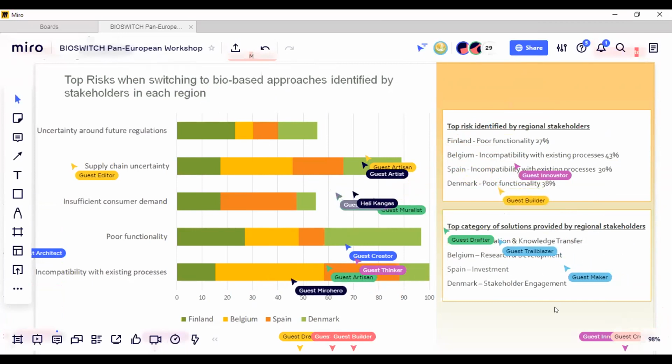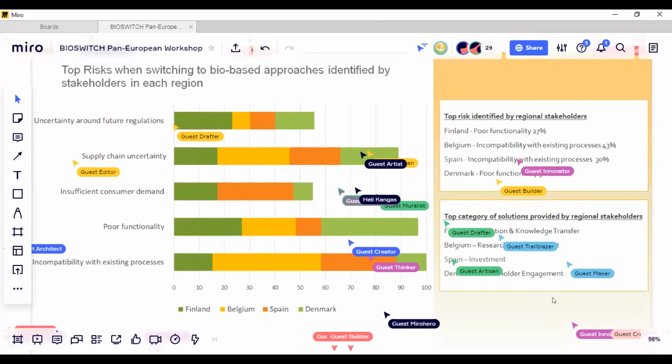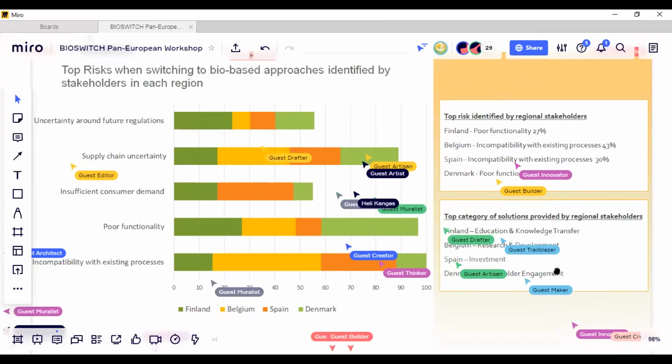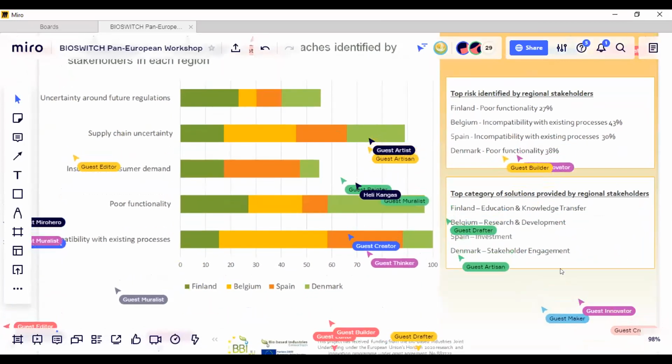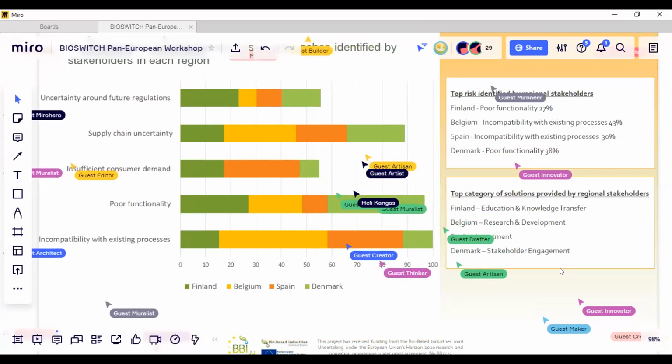So the main categories of solutions that were provided at the regional workshops were categorized into education and knowledge transfer for Finland. Belgium came out as research and development, and then stakeholder engagement and investment were also categories coming out of the solutions.